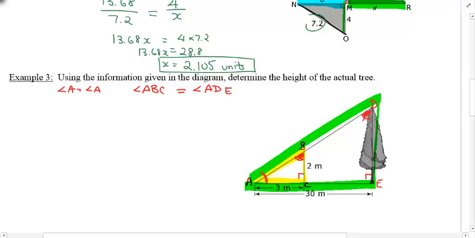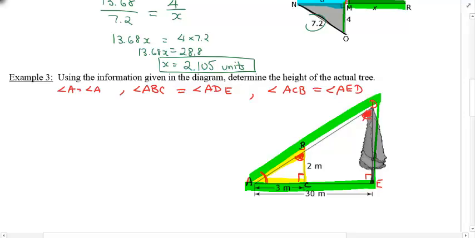You see now we're using 3 letters to represent the angles because it's much more descriptive. I can also say now the right angle down here, that's angle ACB, that equals angle AED. So those are my corresponding angles that are equal.